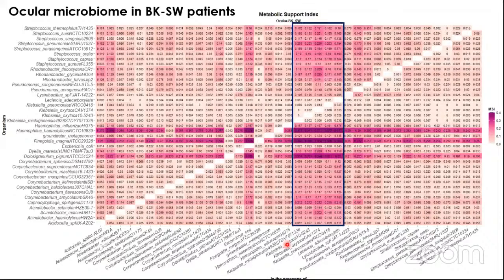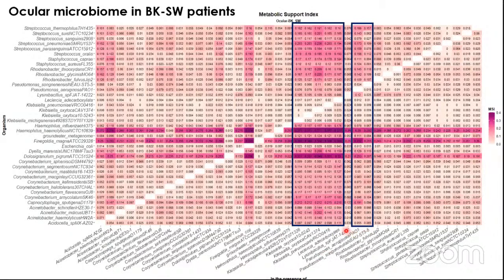So we have Klebsiella michiganensis, Klebsiella oxytoca, another strain of Klebsiella oxytoca, and Klebsiella pneumoniae, and we also have this Serratia species. So there is another thing, which corresponds to Pseudomonas aeruginosa.